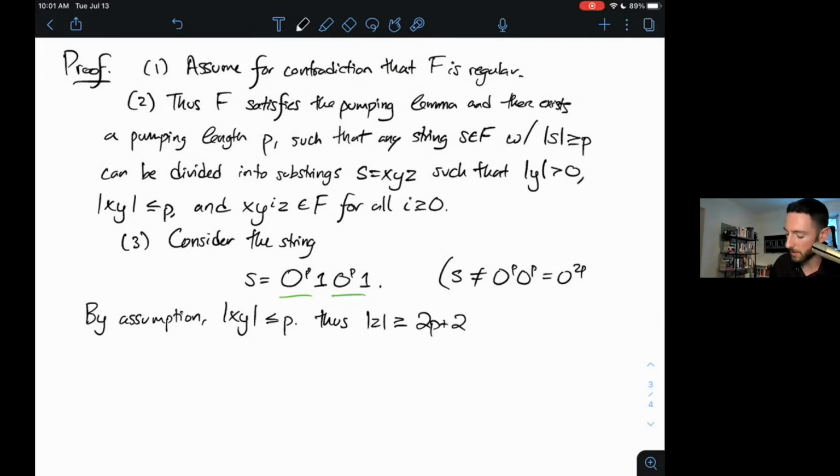That's the total length of the string, 2P plus 2, minus P, equals P plus 2. As a result, Z contains the substring 1 0^P 1.